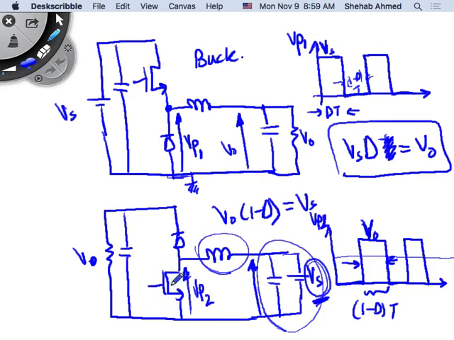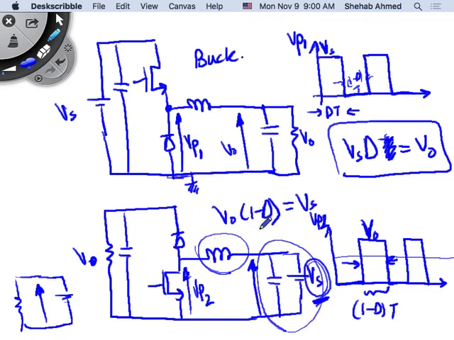If this switch is open all the time, that means the diode is on, and the equivalent circuit would look like this, and V output is equal to V input. That's the equivalent circuit if the switch is off forever and the diode is on forever.